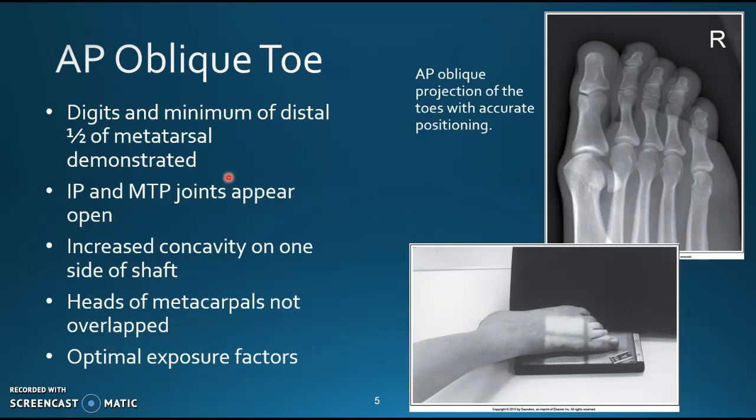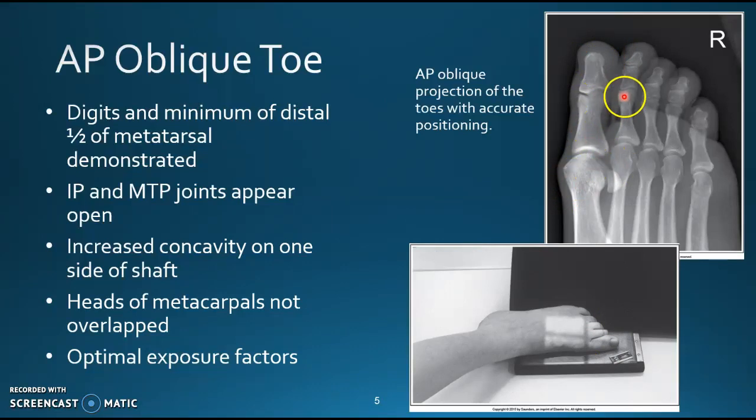Moving on to the AP oblique toe. What you want to see on a radiograph are all the digits from the distal phalanges through the metatarsal phalangeal joints, and all of the interphalangeal joints should be open if the patient's toes are able, unless they're curled, or you want to see the anatomy of the one digit that you've collimated down to.